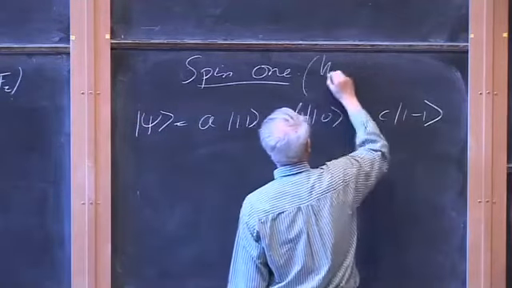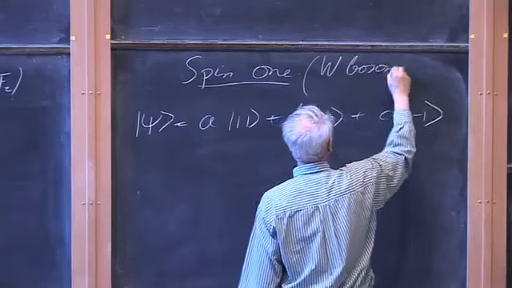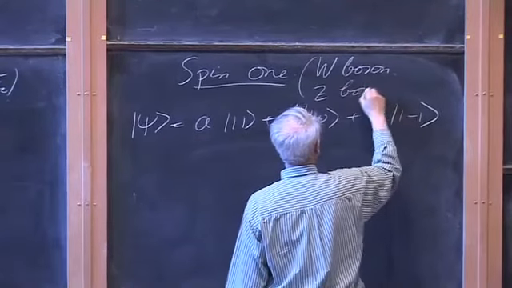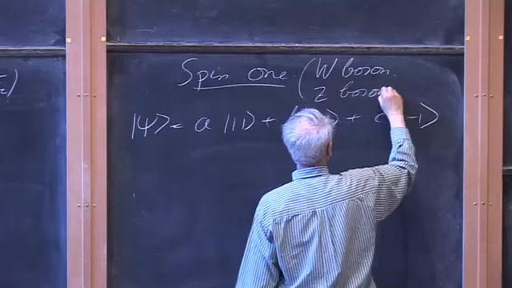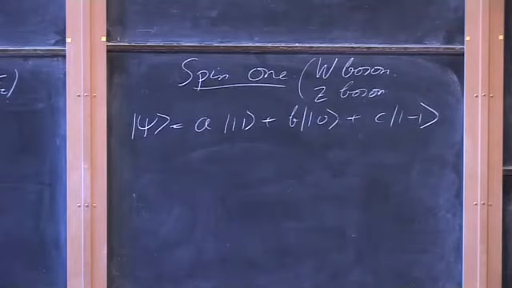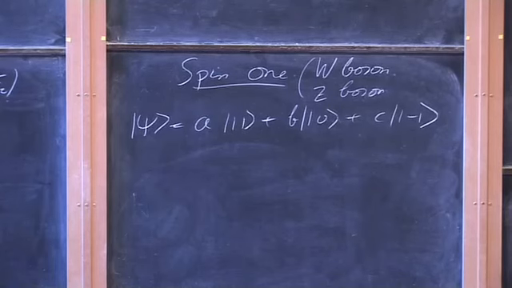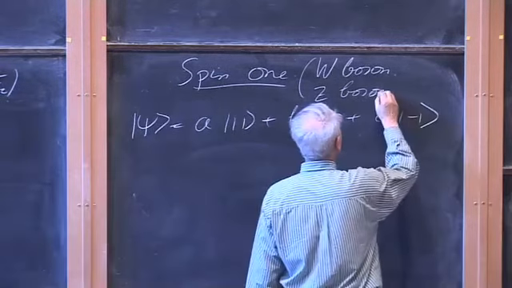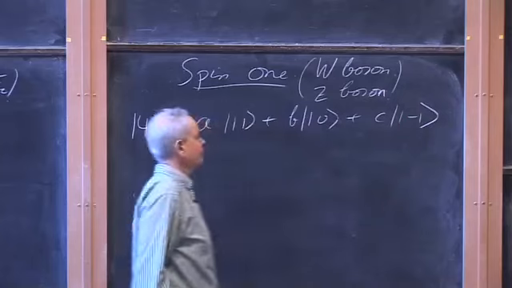For example, a W boson or a Z boson are particles with spin 1. Photons also have spin 1, but they have certain pathologies because they have 0 rest mass, so it's as well not to include them in this discussion.